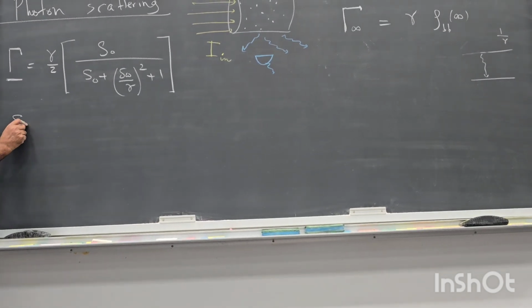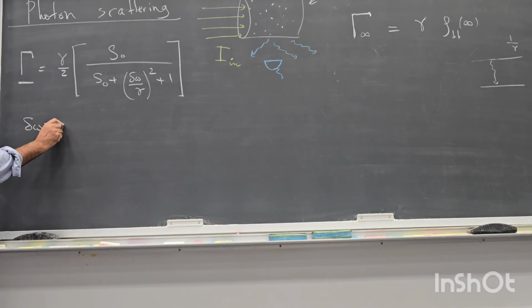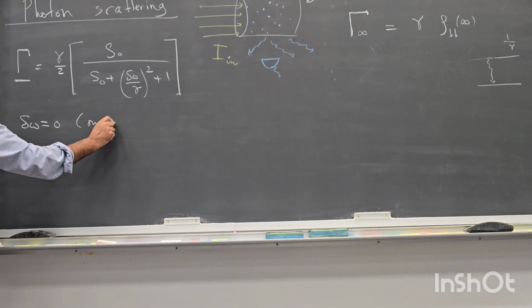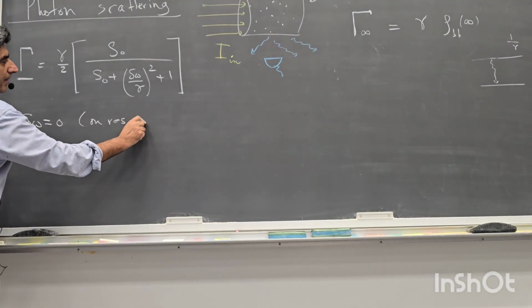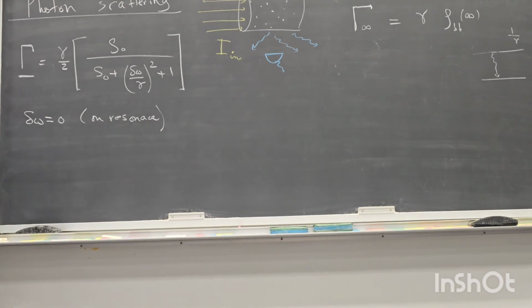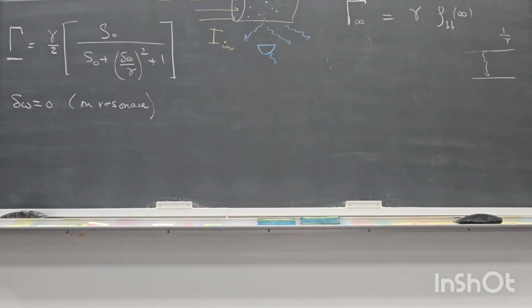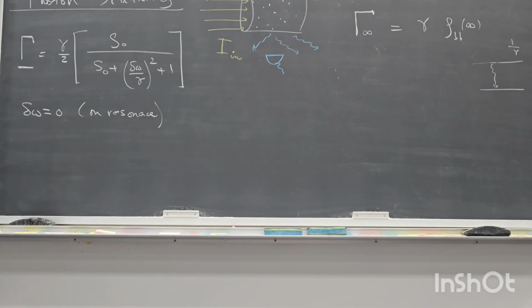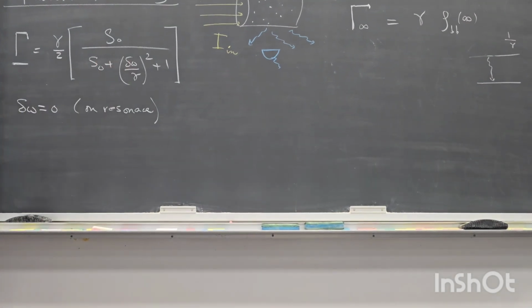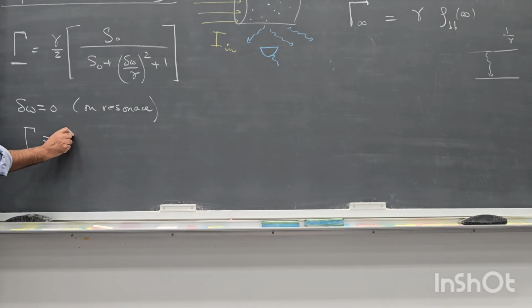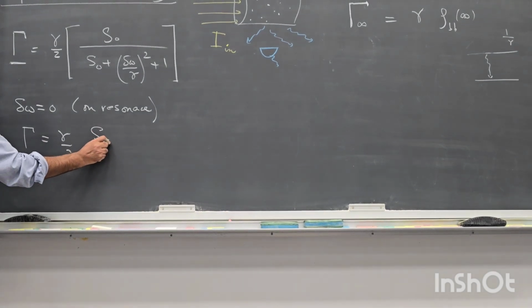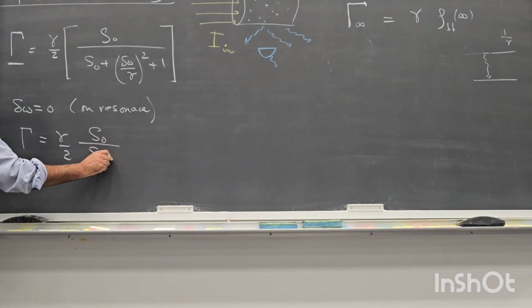Suppose we are exactly on resonance. Right? So this is the on resonance condition. If this is true, then this term becomes 0, and we have gamma over 2 times S naught divided by S naught plus 1.